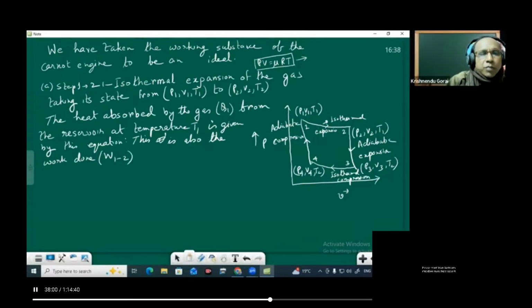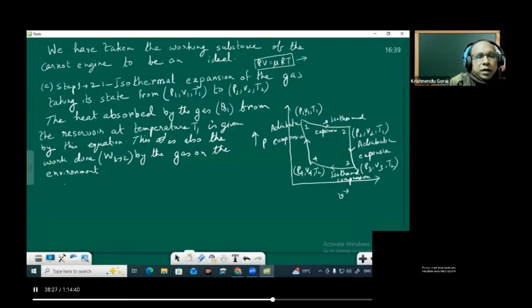The work done from state 1 to state 2 by the gas on the environment. What is the meaning? Whenever you write by the gas, that means work done will be positive.